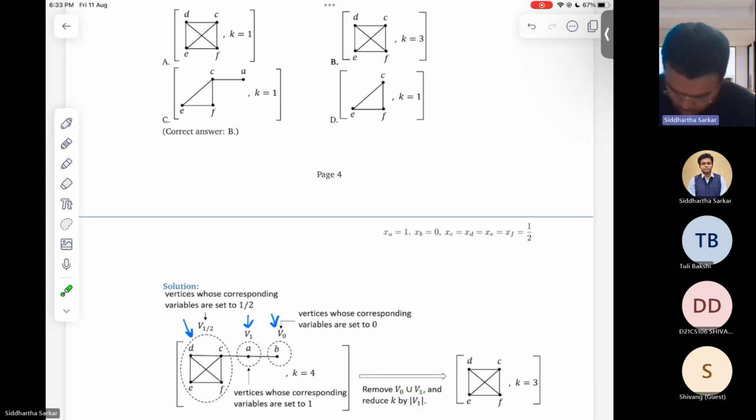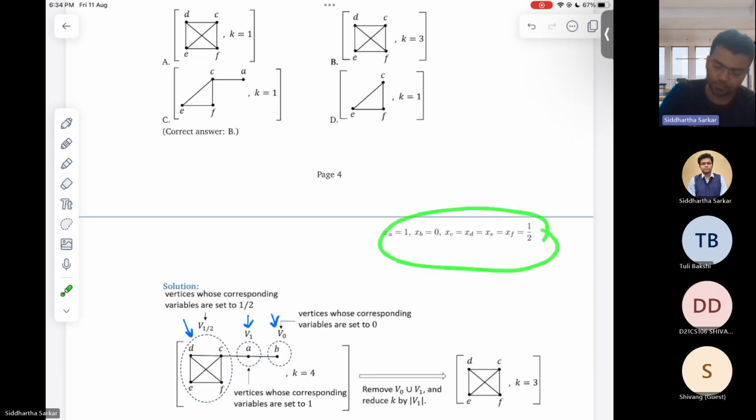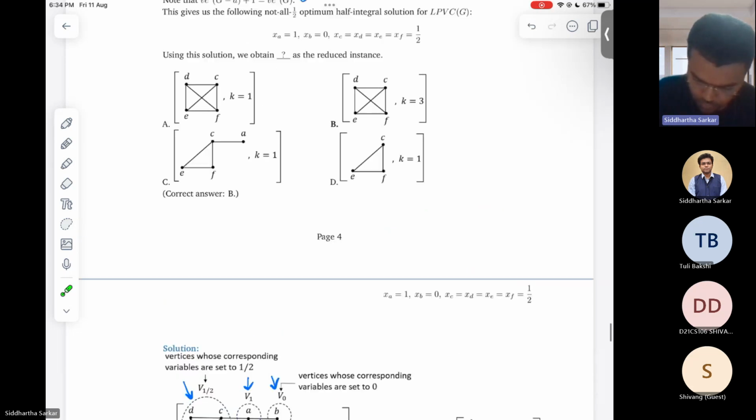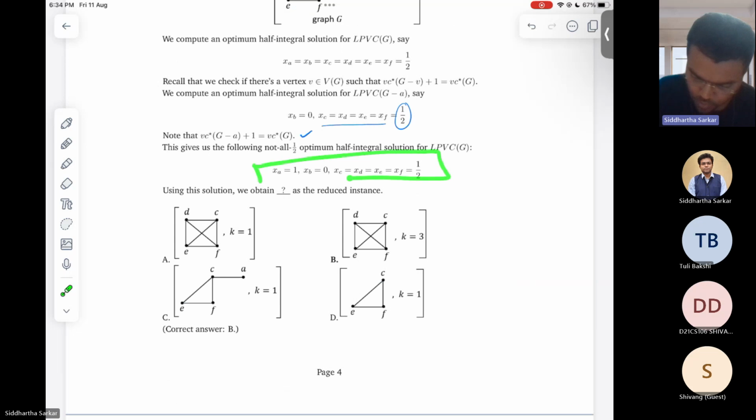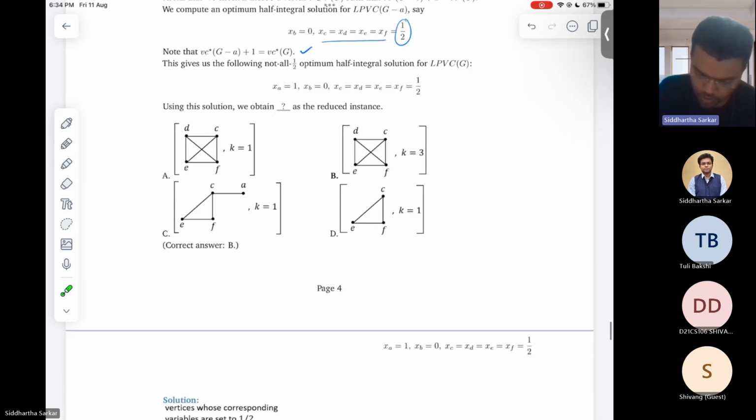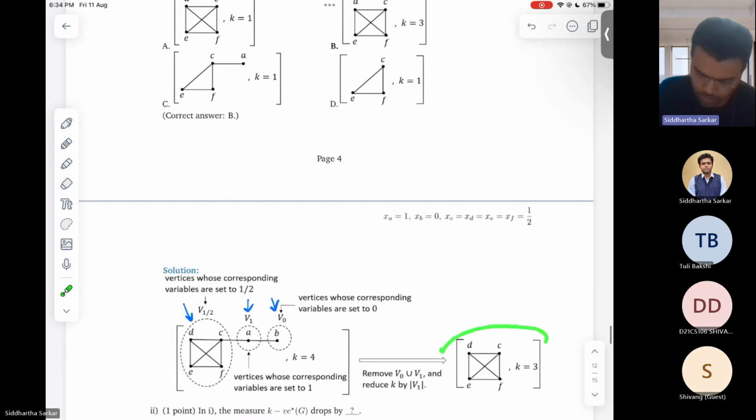After you remove V0 and V1, you are left with only this reduced graph. The size of V1 is only one vertex, so K is reduced from 4 to 3. So this is the reduced instance you get using the optimal LP solution which was given to us.